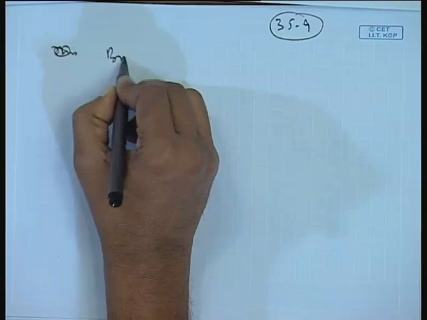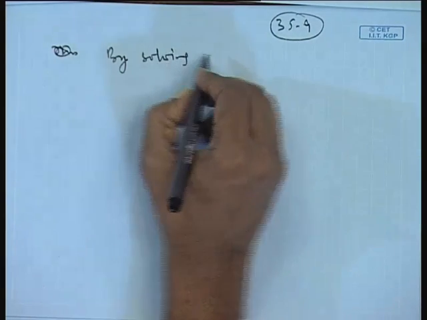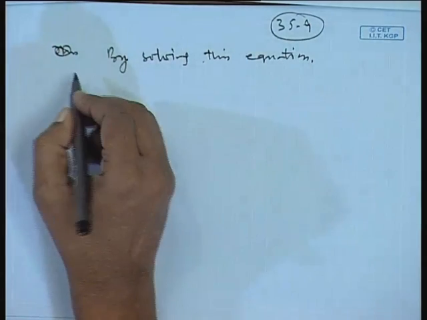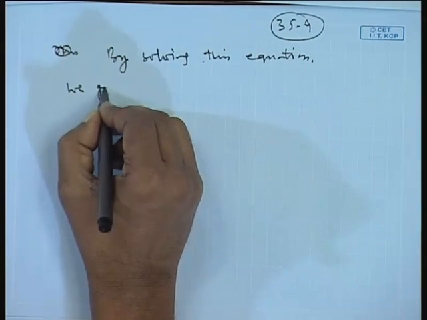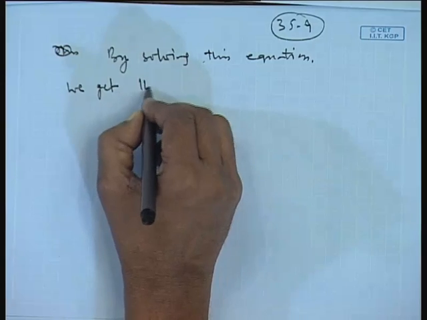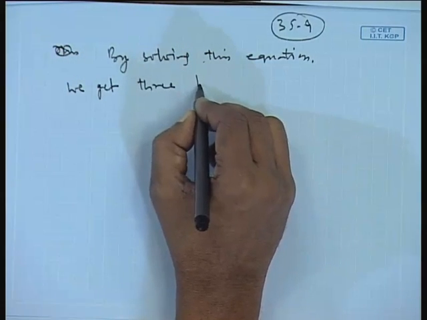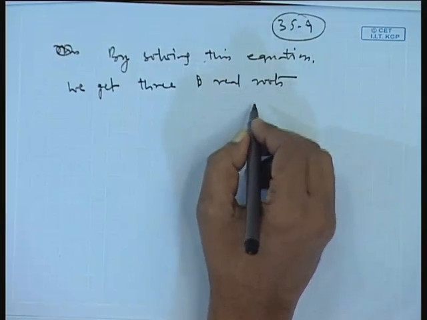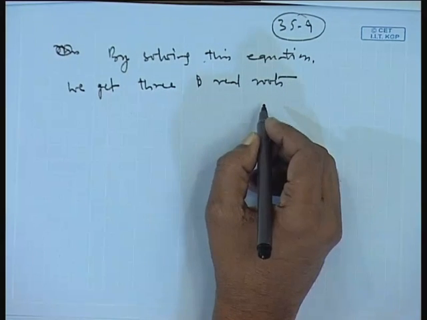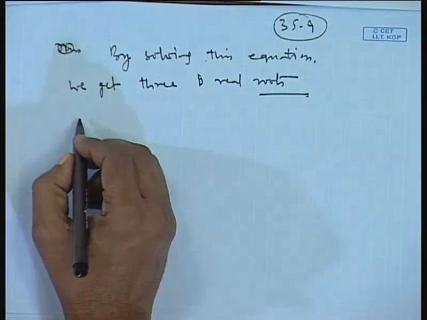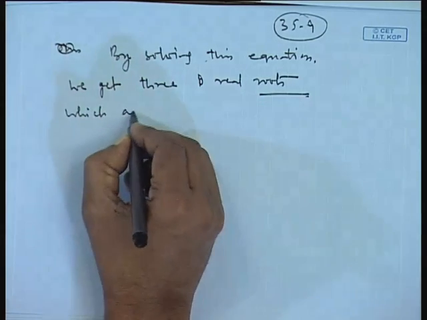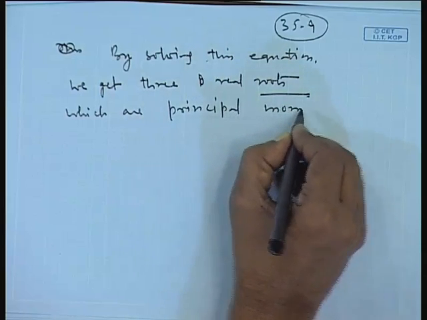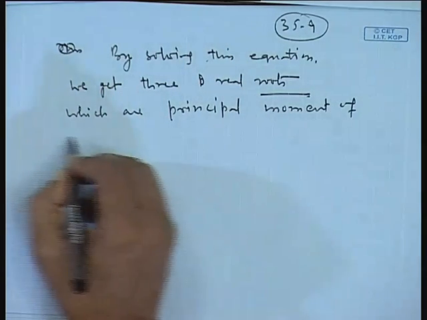So, by solving this equation, we get 3 real roots, which are the principal moments of inertia.